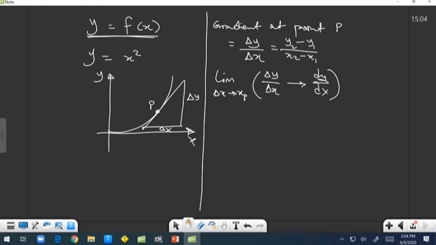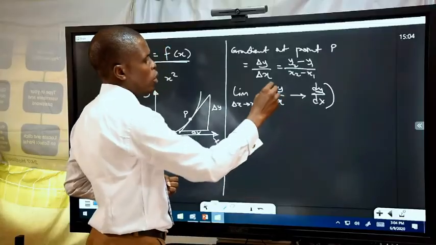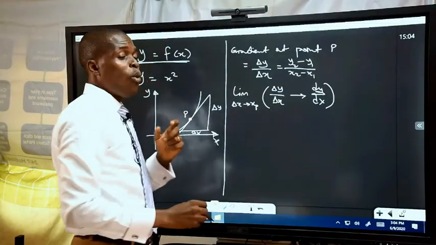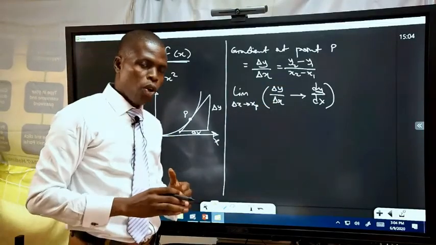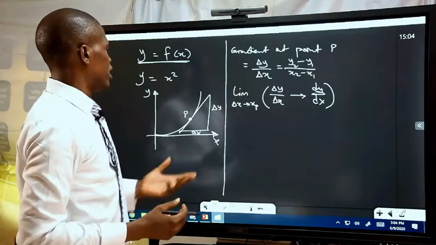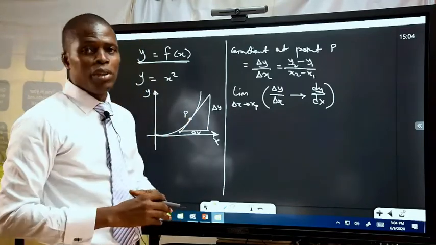So as the value of x approaches the xp at that point, then delta y divided by delta x will approach dy dx. So therefore, we can also establish the fact that the rate of change of a quantity with respect to the other is the dy dx of the function or of the relationship. That is the fundamental principle here.